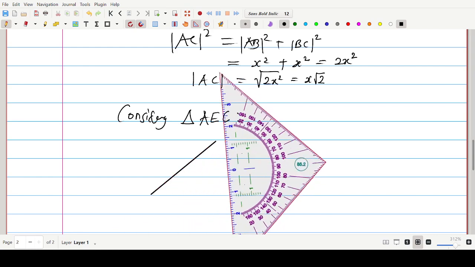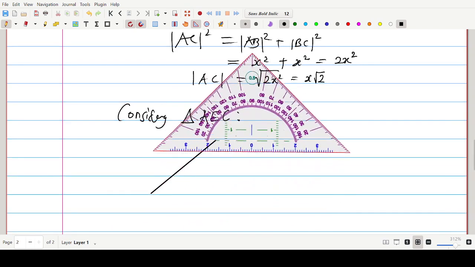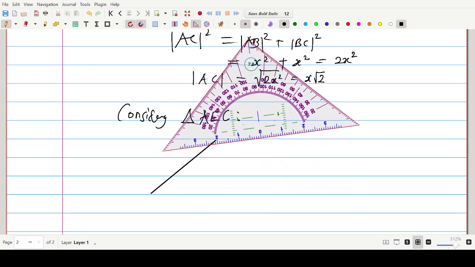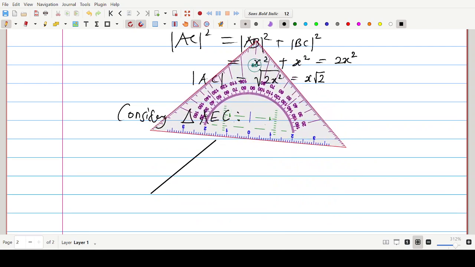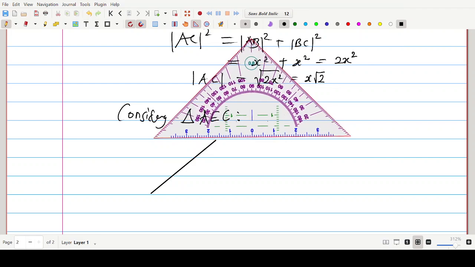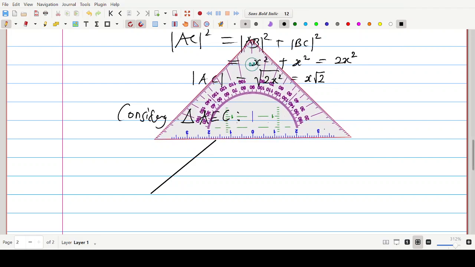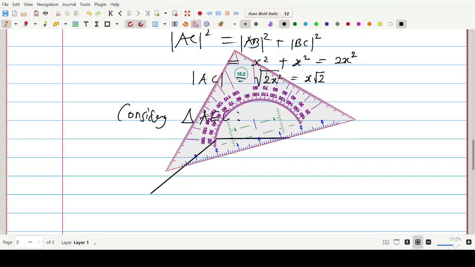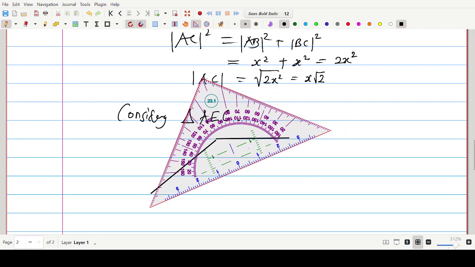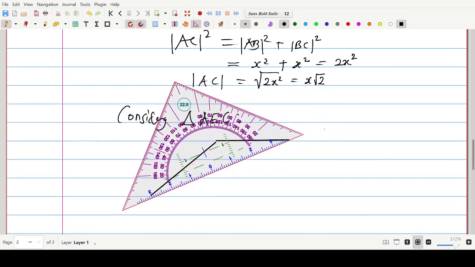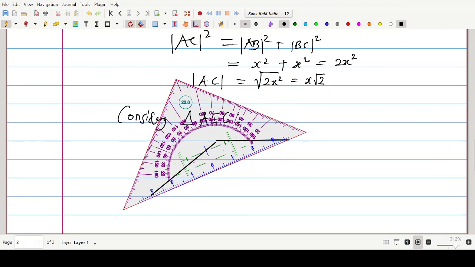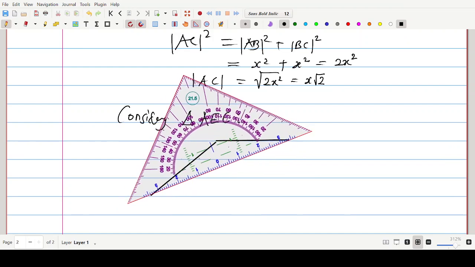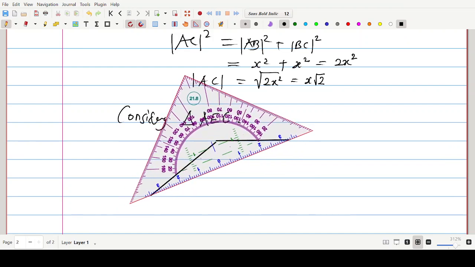Then I have to make it straight. Then again, we have something of this nature, which again is the diagonal AC. I think it's straight now. So we have something of this also, and it's labeled as follows.